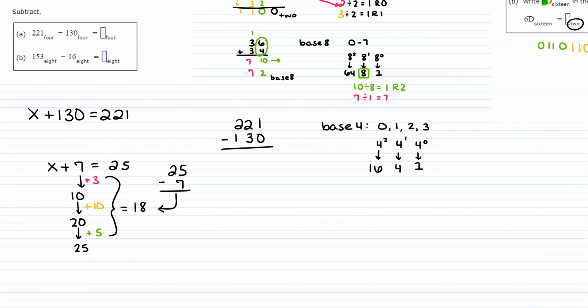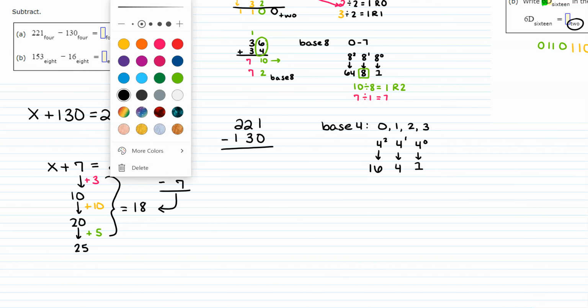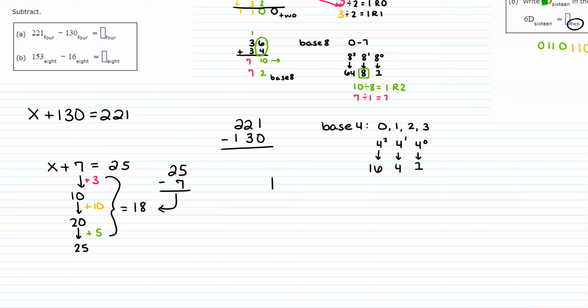So now we're going to think about this in base 4. So we want to start at 130, and we want to take steps to get to 221.